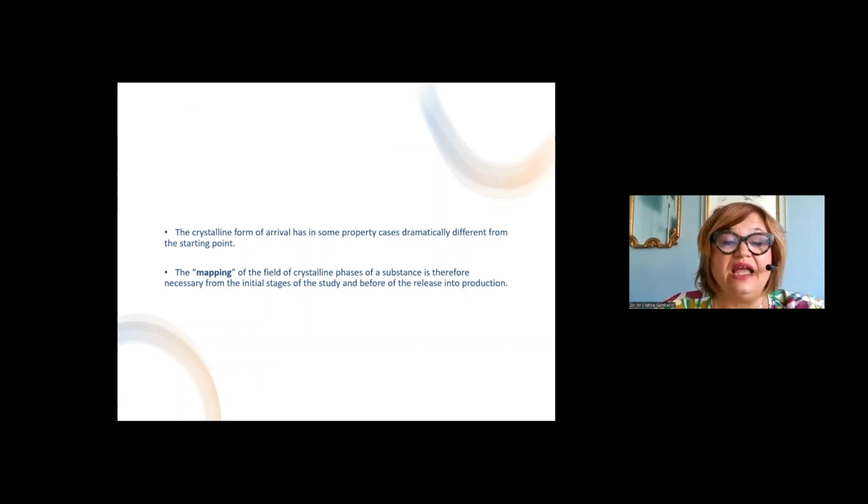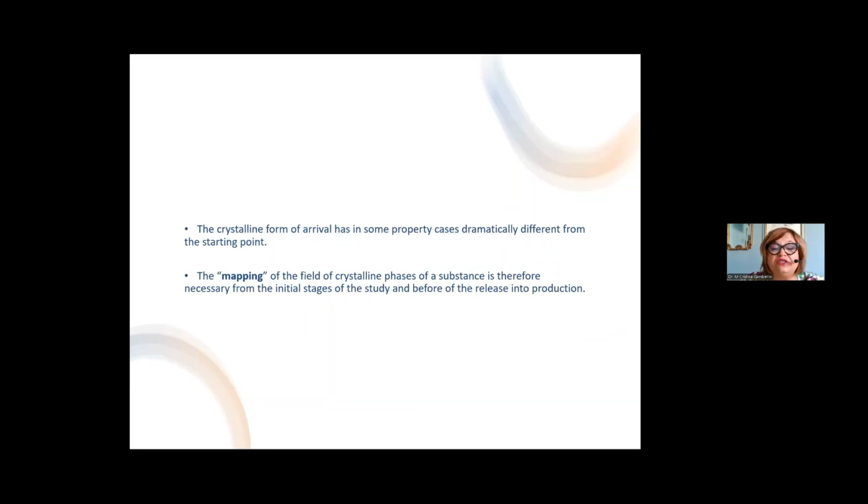So it's important from the beginning of the reagent, during the formulation, during grinding or heating of solid forms, and also during storage of the new drugs.